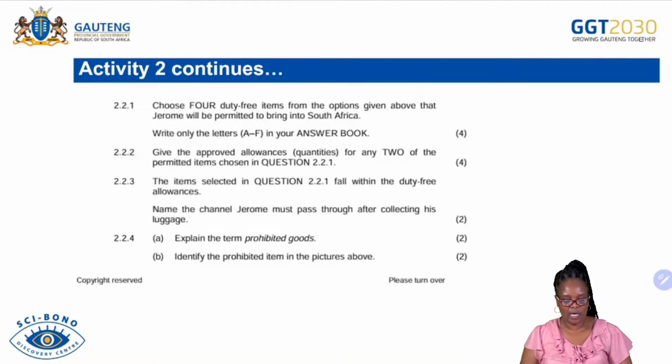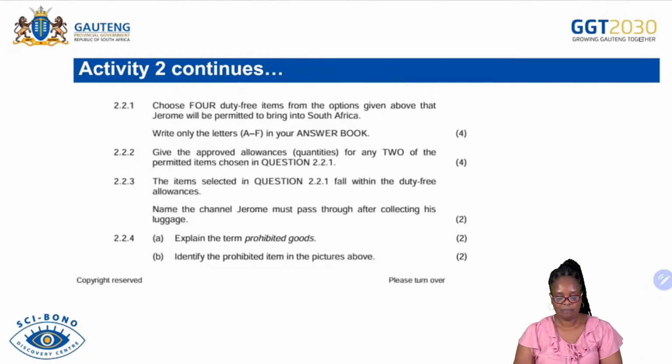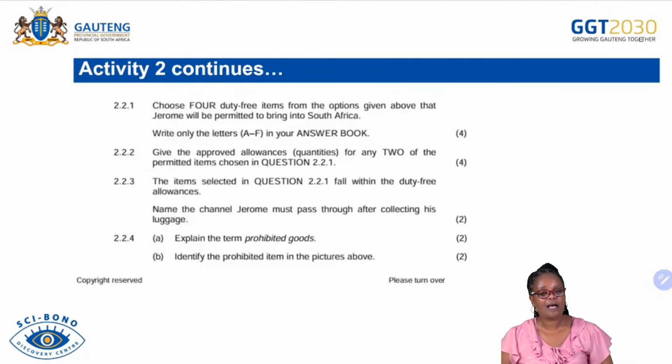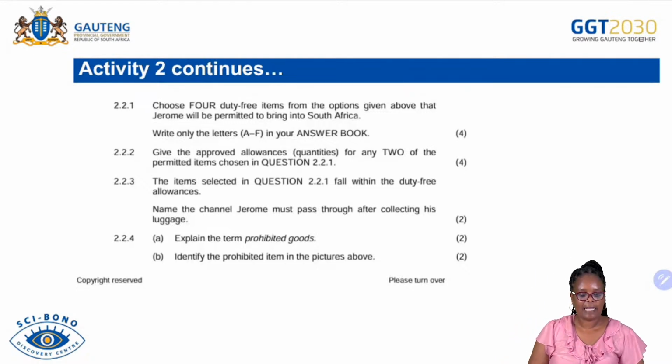Then we have 2.2.4, number A. Explain the term prohibited goods. Here, it refers to goods that travelers are not allowed by law to bring into the country. We talked about this. These are the illegal goods that are not allowed to enter the country. Number B says identify the prohibited item in the picture above, the picture that we've been using.